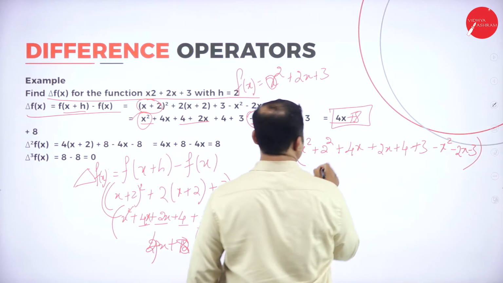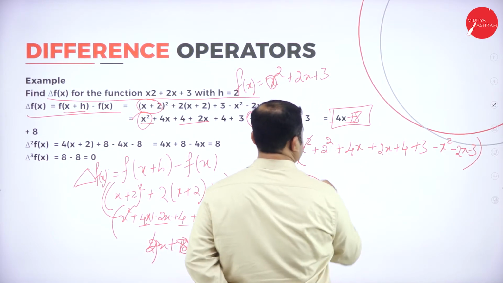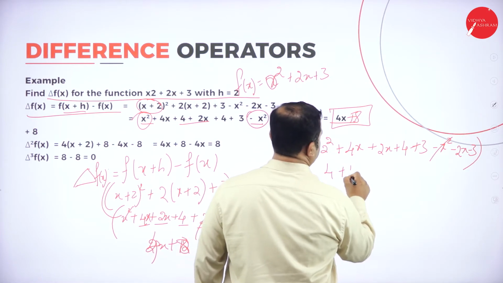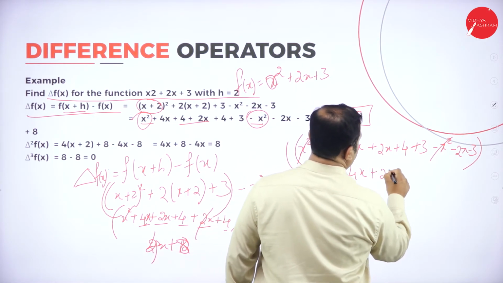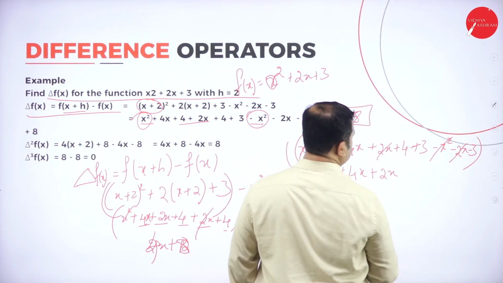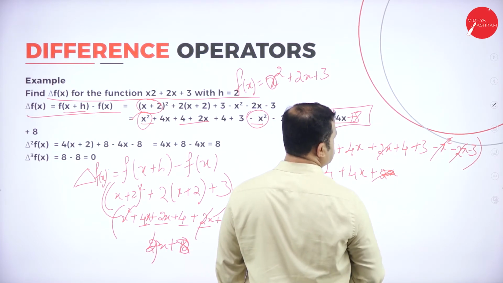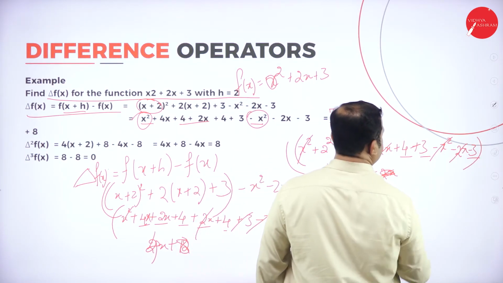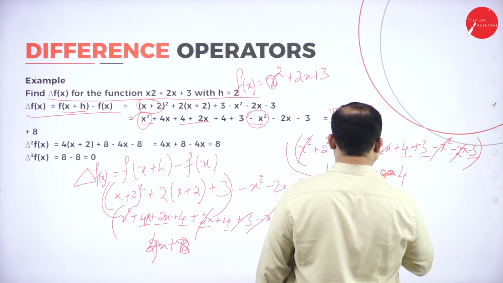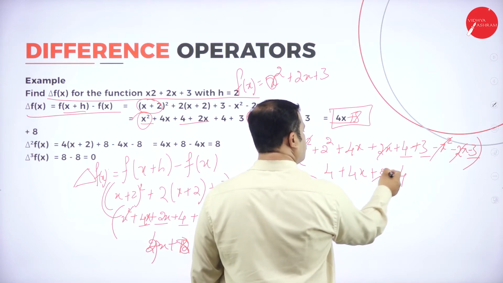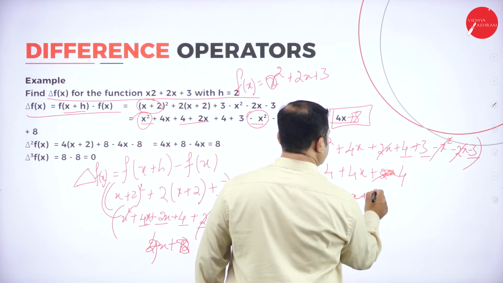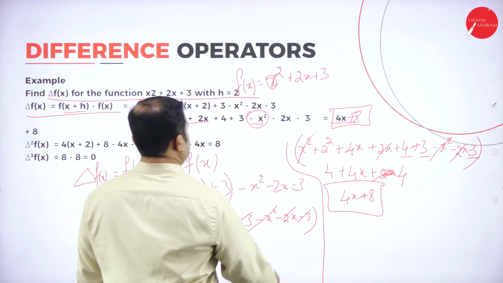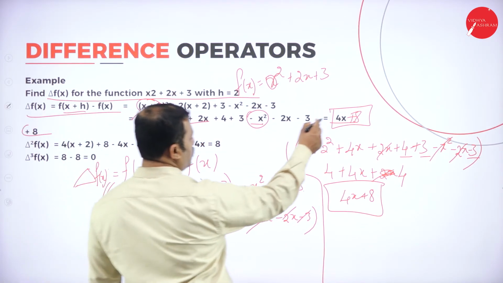If I simplify these terms, plus x² and minus x² cancel. 4 plus 4x plus 2x, 2x minus 2x gets cancelled. 4 plus 3 is 7, 7 minus 3 is again 4. So 4x + 4 + 4, that is equal to 4x + 8. This is the value we derive, the same thing mentioned here: 4x + 8.